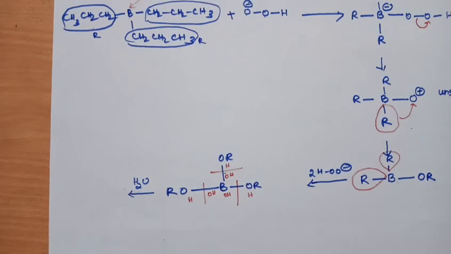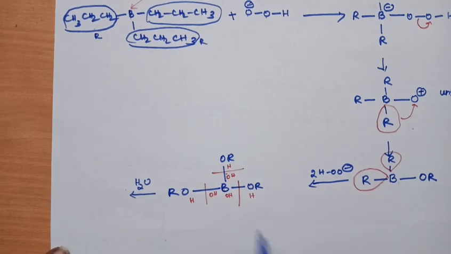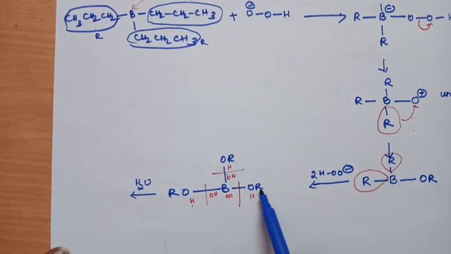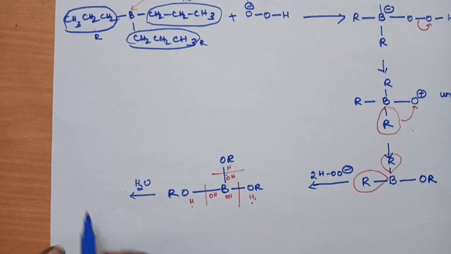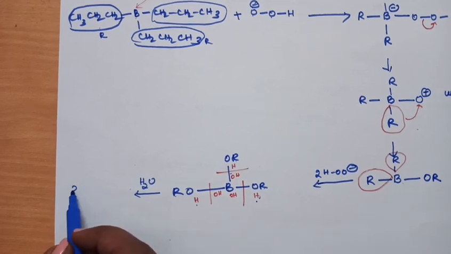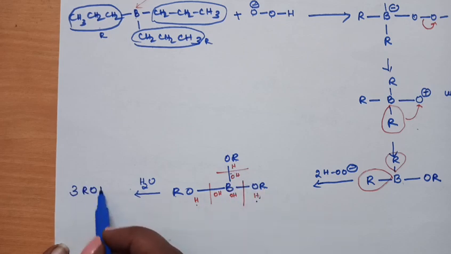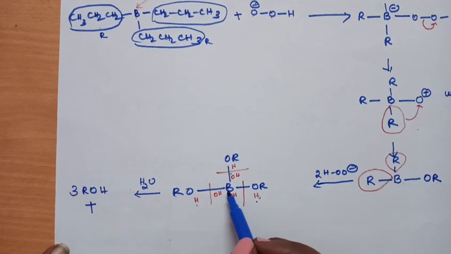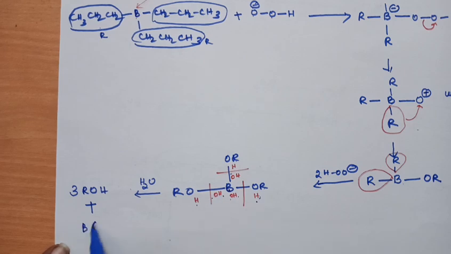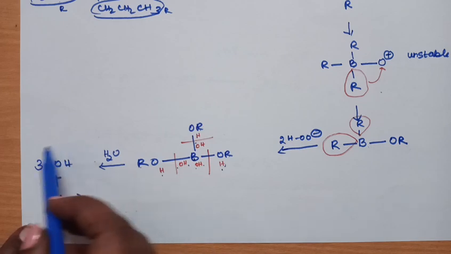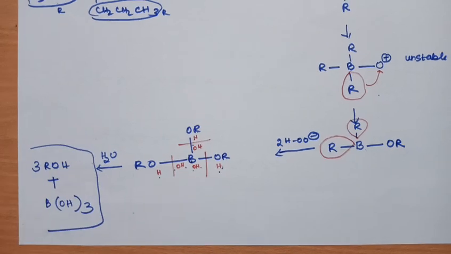So what will be the product? Finally the product we are getting is ROH, ROH, ROH, so 3 times ROH, plus another product, B(OH) 3 times. So this is the final product of the mechanism.